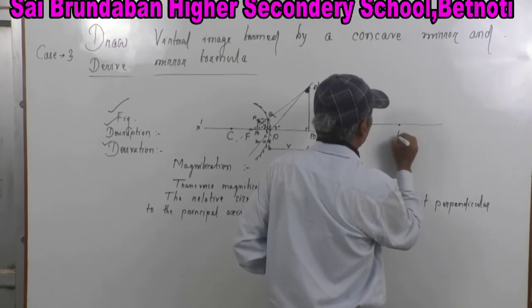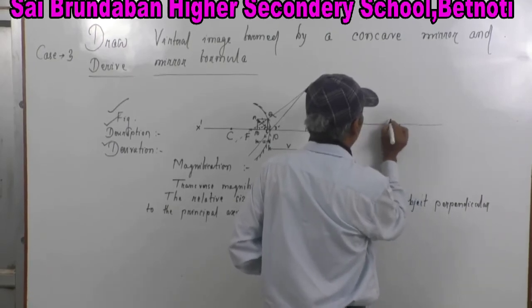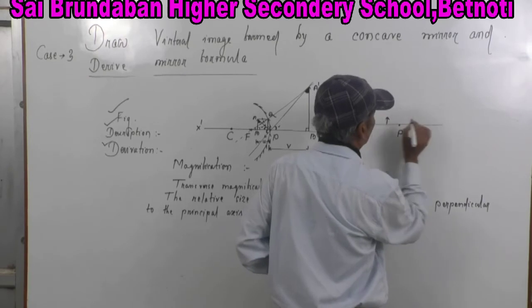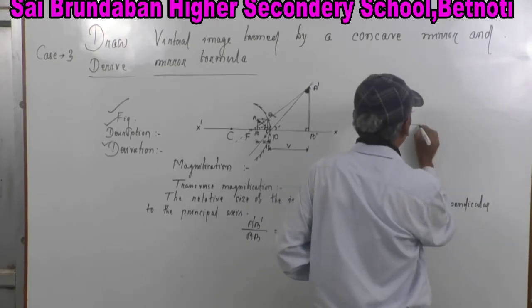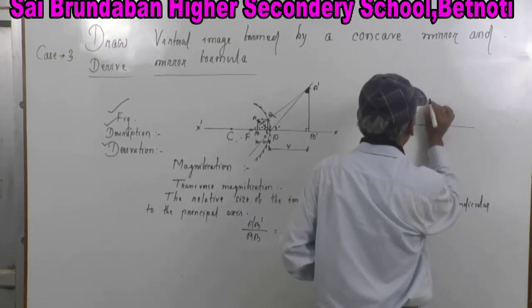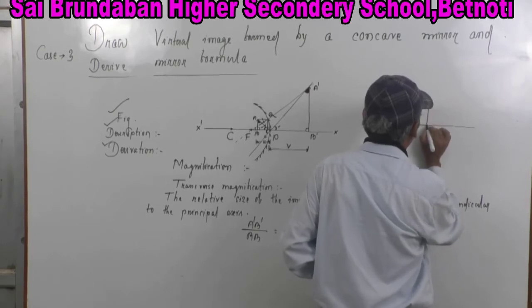Here is the pole, here is the length of the object, here is the length of the image, no problem.